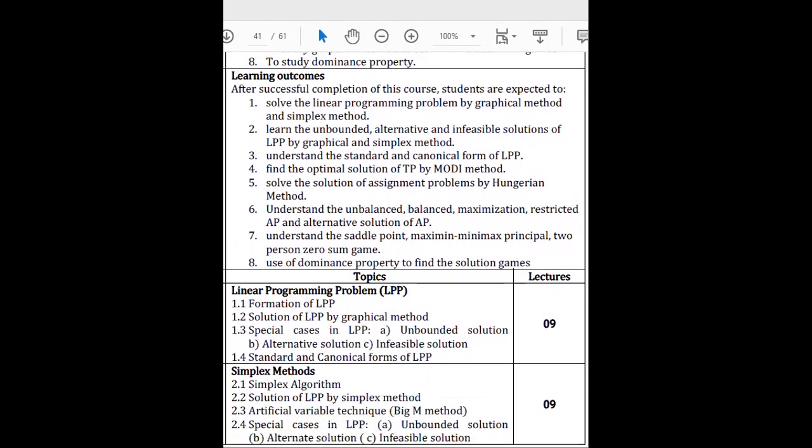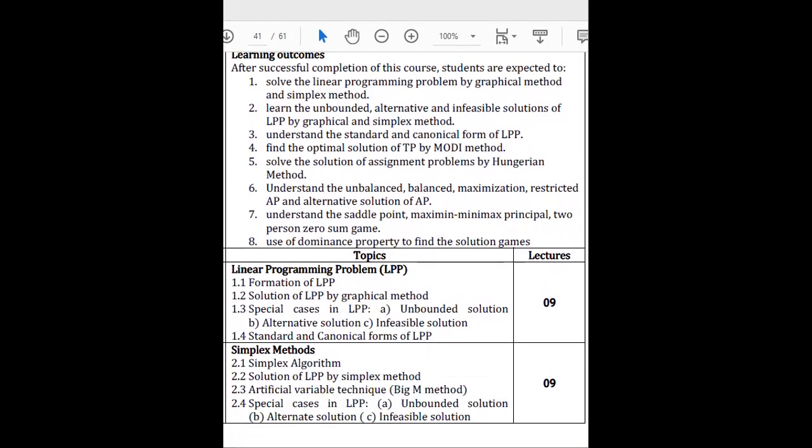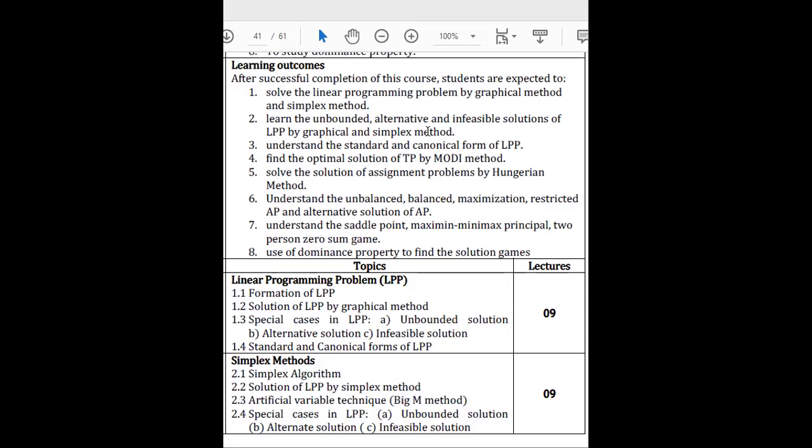If you study this course, then after successful completion of this course, students are expected to solve the linear programming problem by graphical method and by simplex method.